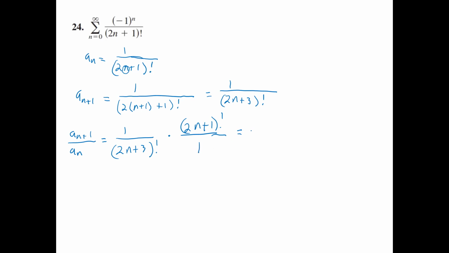And again, you have a factorial in the numerator and a factorial in the denominator. The biggest factorial is in the denominator. And so how we clean these up is we start breaking off factors of the bigger factorial until we get to the smaller one. So (2n plus 3) factorial means 2n plus 3 times the integer before this, and the integer before this one is 2n plus 2, times 2n plus 1.